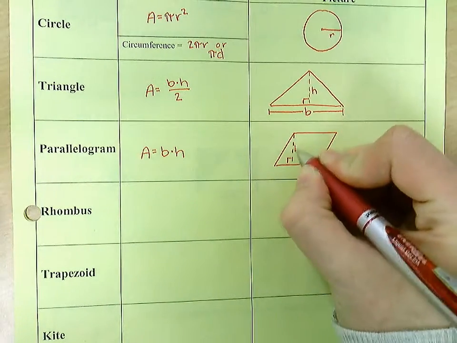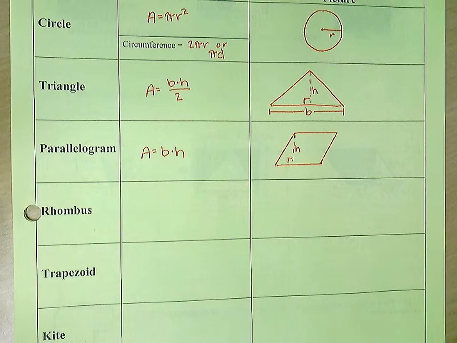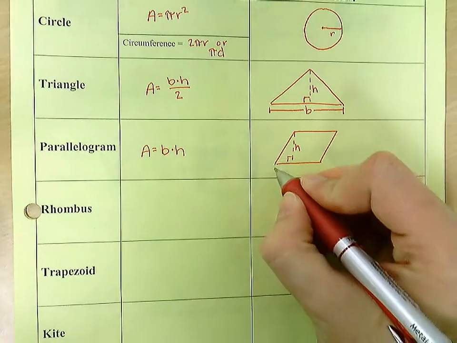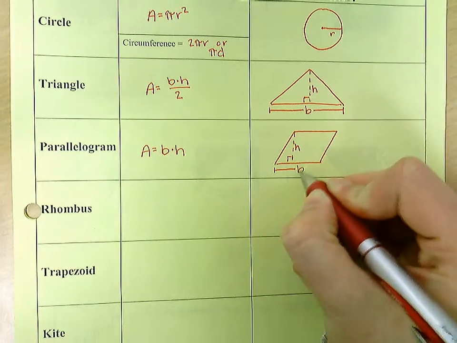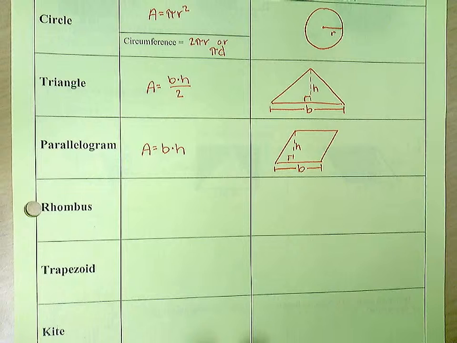Okay, so perpendicular, that is the height. Then the base is where your height again meets at that perpendicular. Okay, so at that perpendicular piece, that is the base.